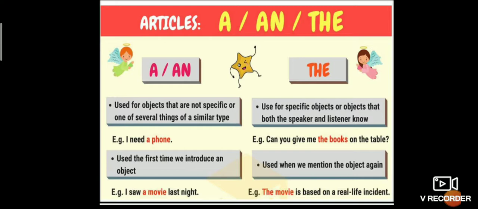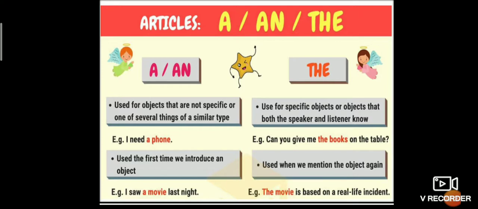So this is just a rough idea that a and an are used for objects that are not specific, or one of several things of a similar type. When we are talking about the same category, the same type of thing, there we use a and an. Like, I need a phone.